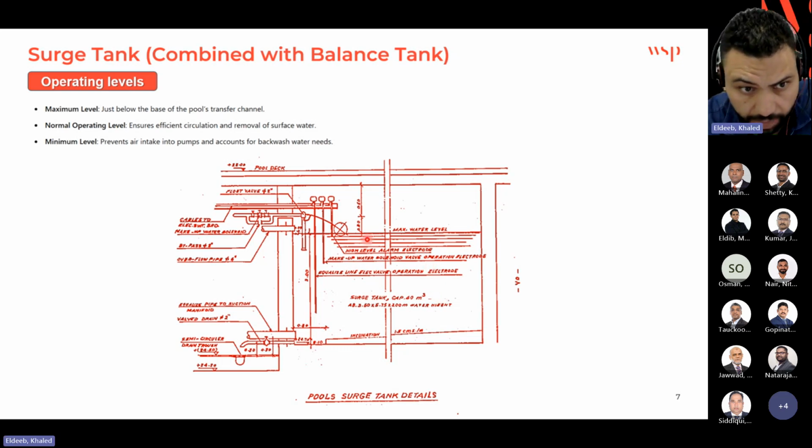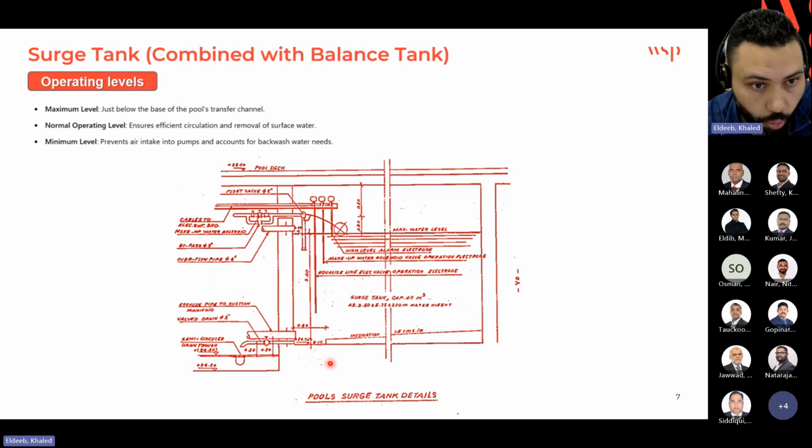We have the same makeup water, we have overflow, we have level sensors, we have the suction going to the pump, and we have a drain in case we need to drain this tank. So all connections that we normally use for the domestic water tank are available here.